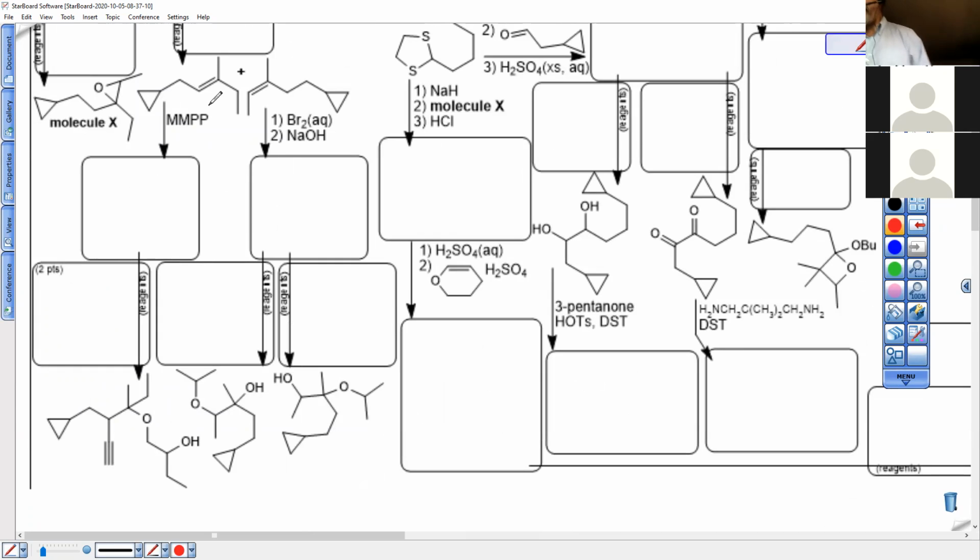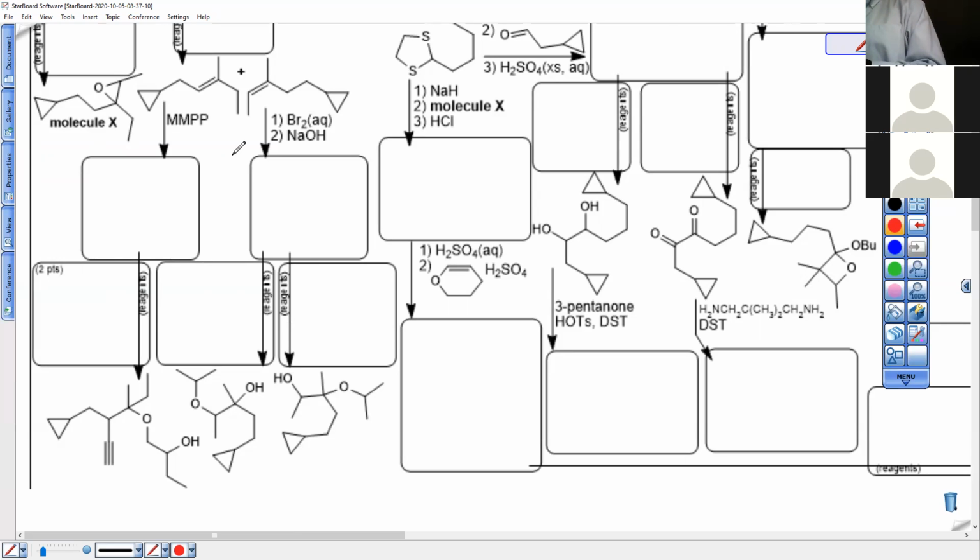So MMPP will react with an alkene to make an epoxide because MMPP is magnesium monoperoxyphthalate. It's a peracid, just to remember that. It's for making epoxides. Let's see, every product has a cyclopropane with at least one more carbon all the way to the end.